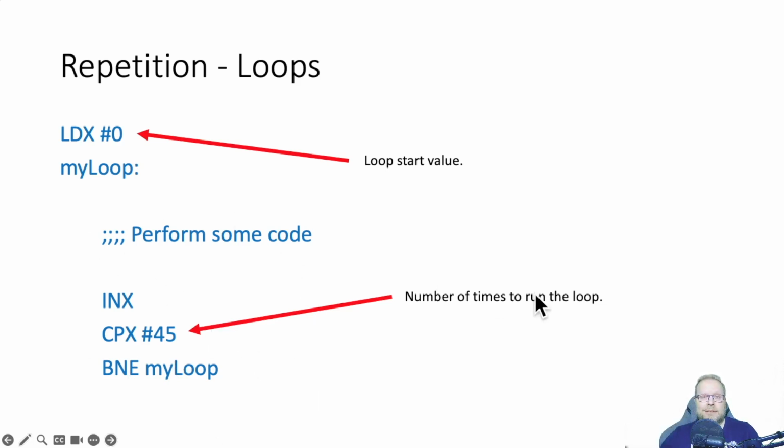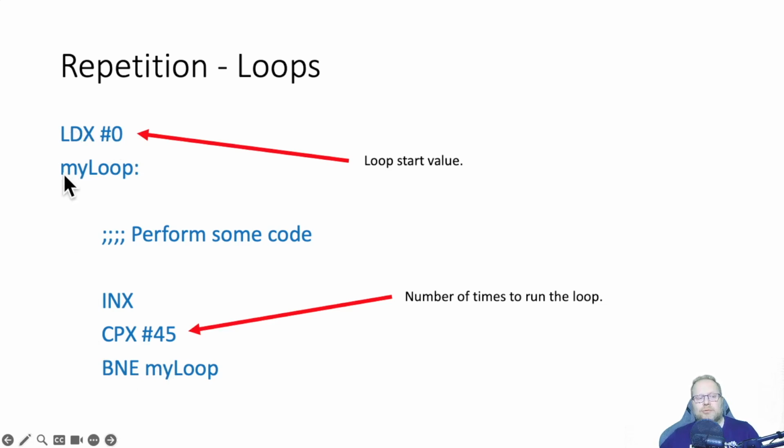And in fact, we can even make an infinite loop if we want to. And that's what a game loop is. It's an infinite loop that's never going to stop. So in that case, when we got down here, instead of comparing with X and stuff like that, I didn't even have to use this LDX at the top.